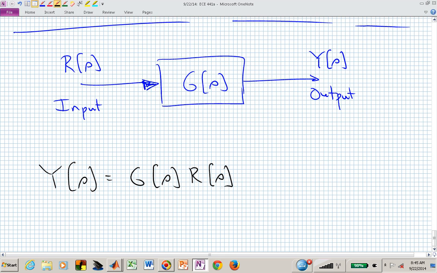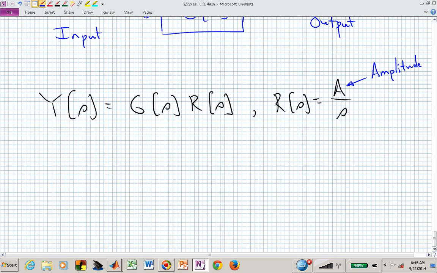We now know that Y is equal to G of s times R of s, and R of s, we're going to let be some constant amplitude waveform, where A is now the amplitude. In the lab, it's 2,000 counts.